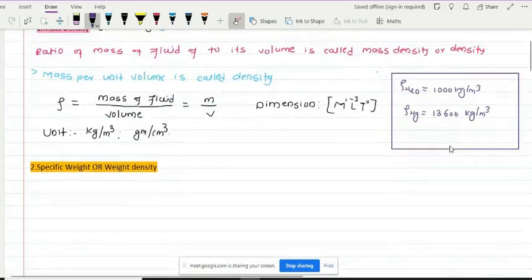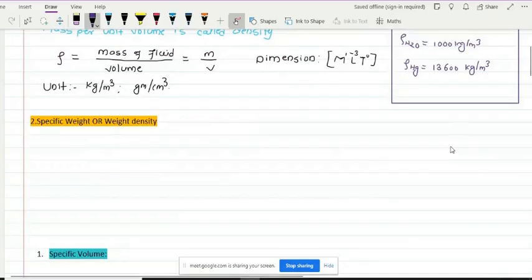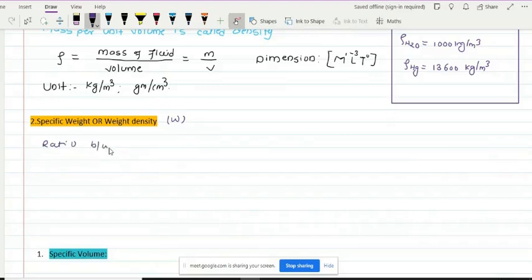Next definition of the fluid: specific weight or weight density is a property of fluid, denoted by the letter w. It is defined as the weight per unit volume. That is a ratio between the weight of fluid to its volume, called weight density or specific weight.